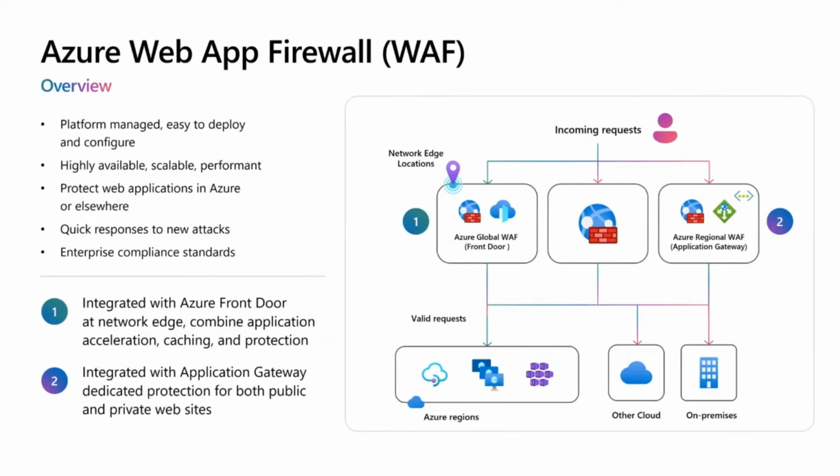Now let's take a look at the Azure WAF. Azure WAF is a fully managed cloud-native security service designed to protect web applications from a wide array of common threats and vulnerabilities.